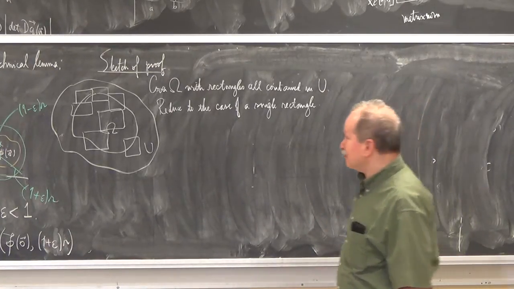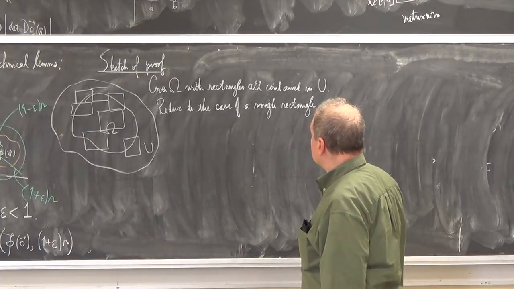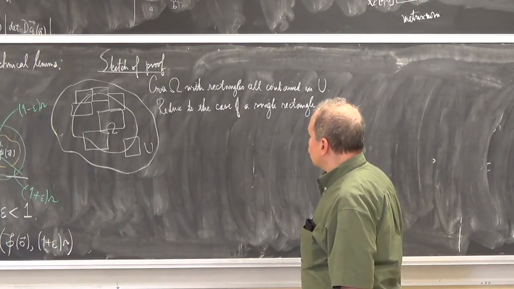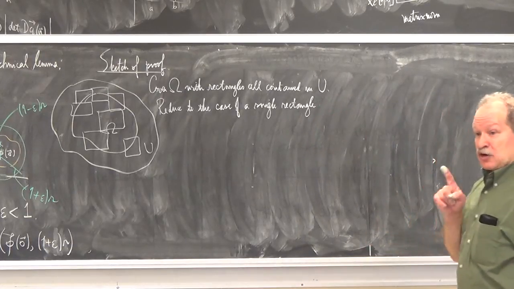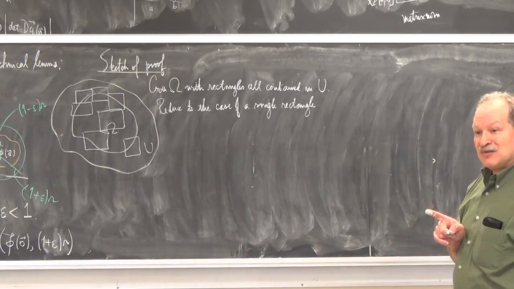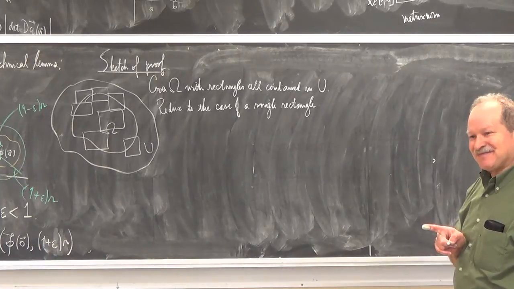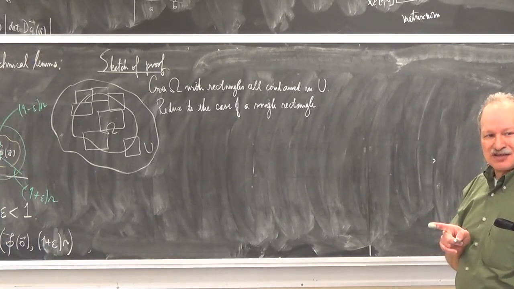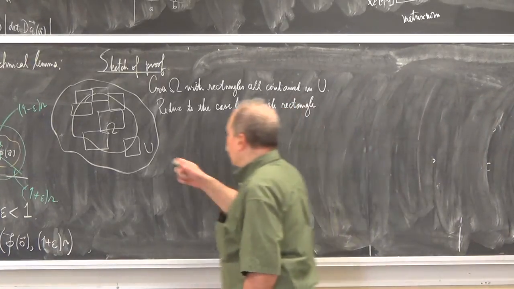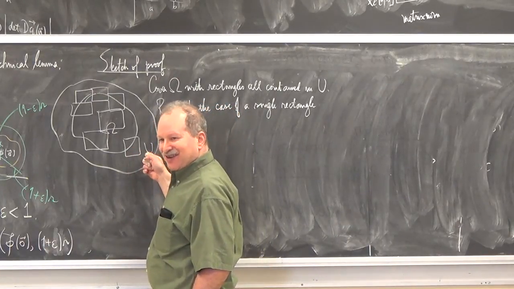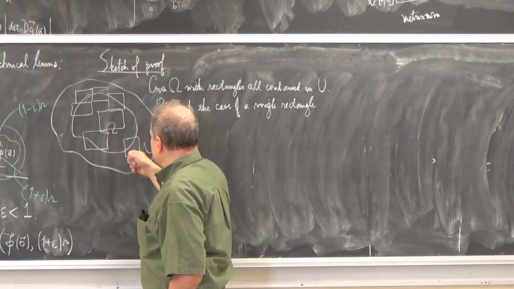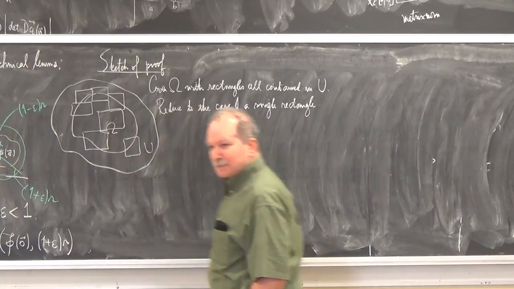Why do you need that to make it like isn't U? They are too. Omega, remember, is a region, which means it's compact, and U is open. So that means you can always fit little open sets around omega, and then these rectangles will be contained in those, yeah.